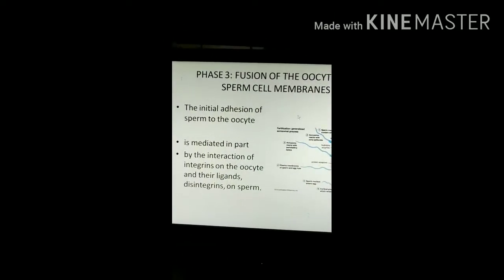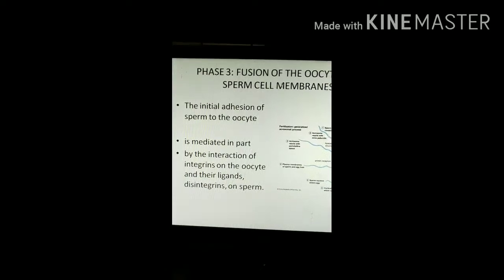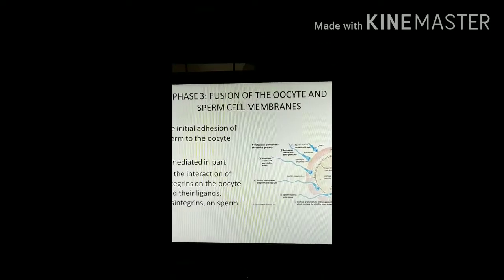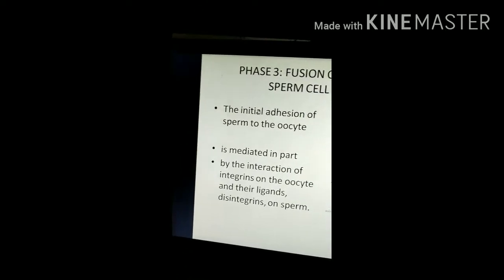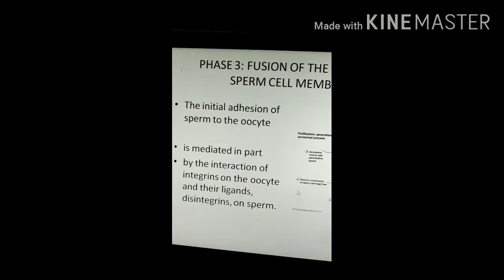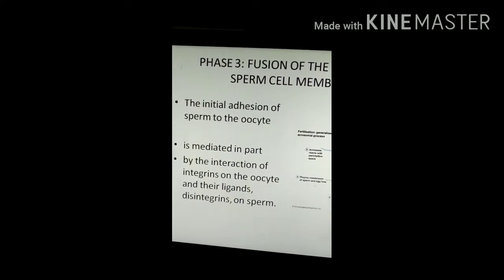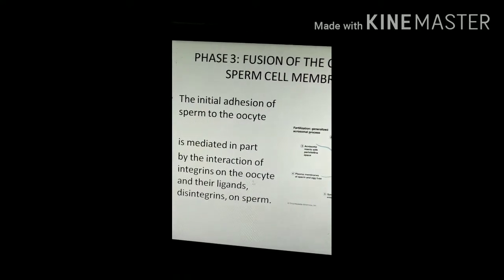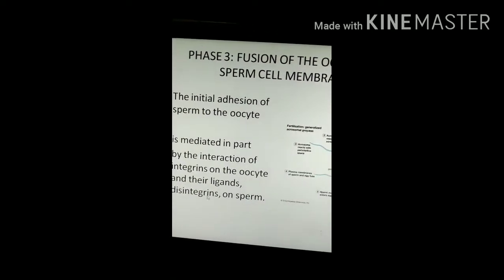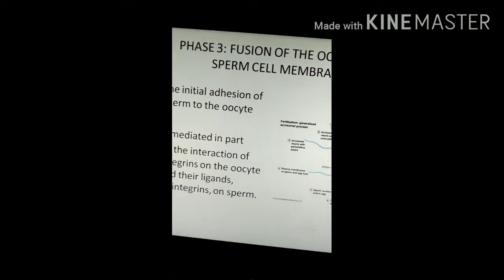Now phase 3, fusion of the oocyte and sperm cell membranes. Initial adhesion of the sperm to the oocyte is mediated in part by the interaction of integrins on the oocyte and the ligand, disintegrin, on the sperm.